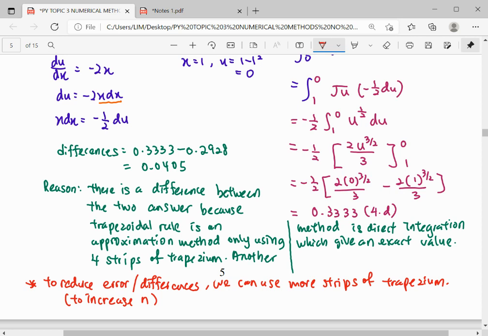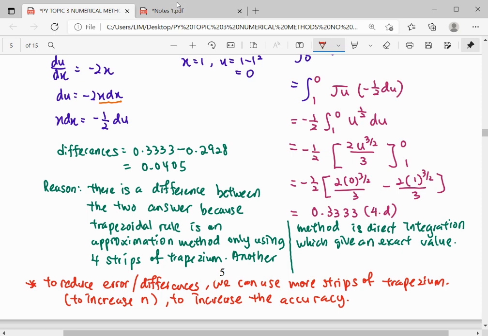Okay, to increase the n, to increase the accuracy. To reduce the error or difference, we can use more stripes of trapezium to increase the n, so as to increase the accuracy of our trapezoidal rule.